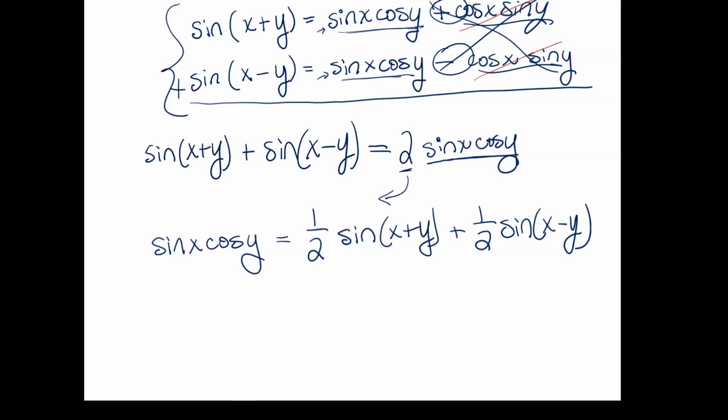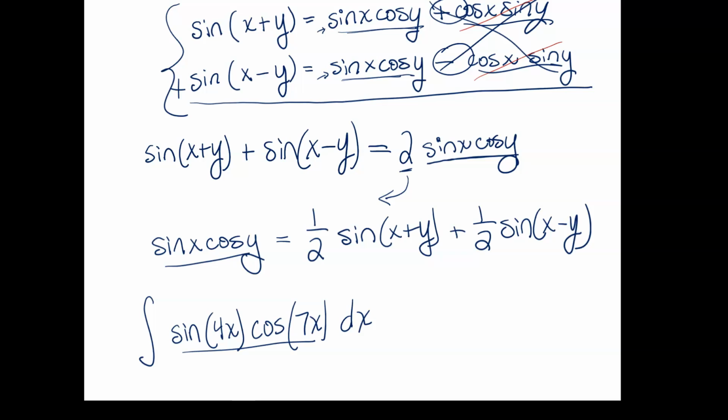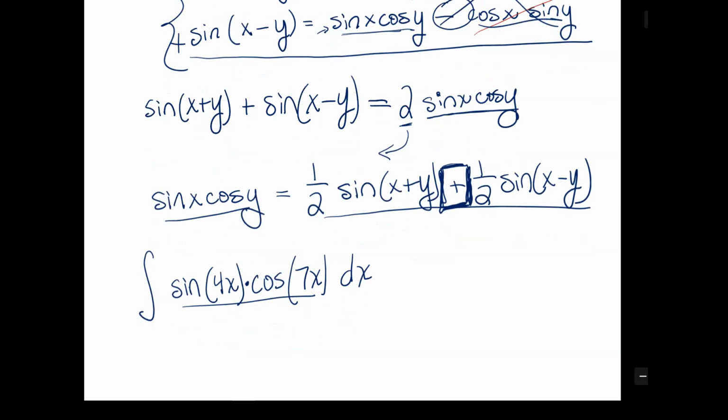So let's remind ourselves why exactly we were doing this. We were asked to integrate sine of 4x cosine of 7x. And we just found a way to separate that out into 2 pieces, 2 terms. And when we have it separated into terms rather than factors, terms can be integrated individually. So sine 4x times cosine 7x, these are the angles we're working with.